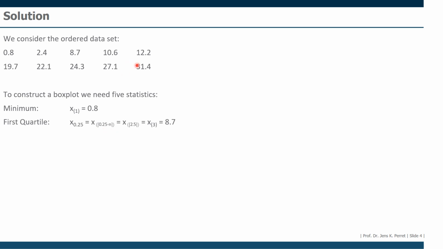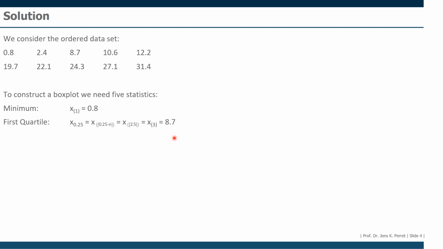Here I have 10 observations, so 0.25 times 10 gives me 2.5. 2.5 is not an integer, so I'm simply going to round this up, giving me 3. That's actually what those half brackets stand for. This means I'm always going to round up, independent of what's after the decimal point. So observation 3 in my data set is 8.7, so 8.7 is my first quartile.